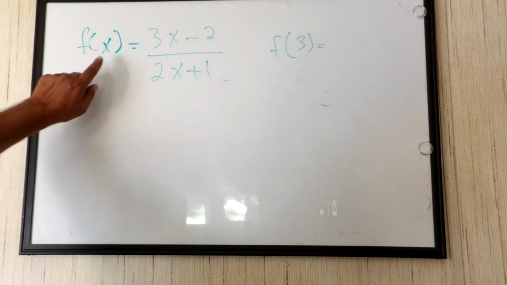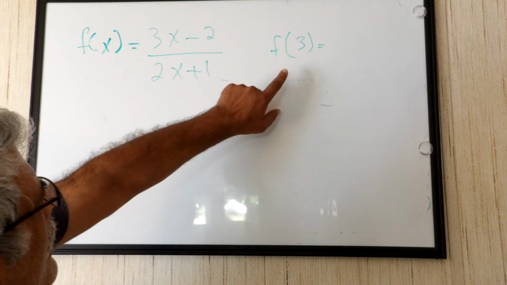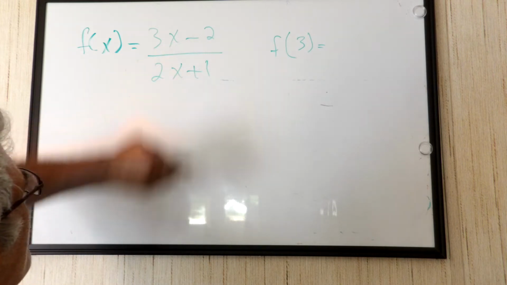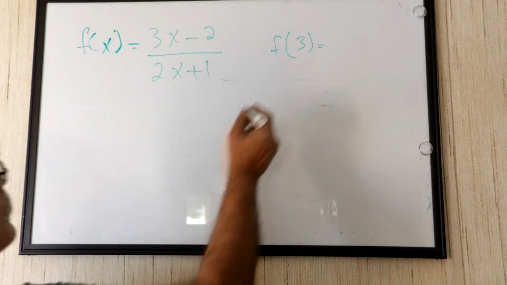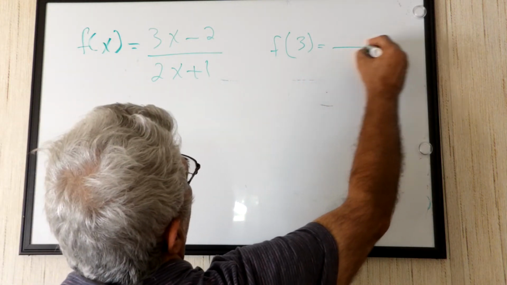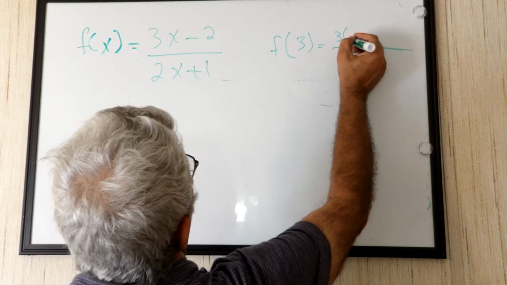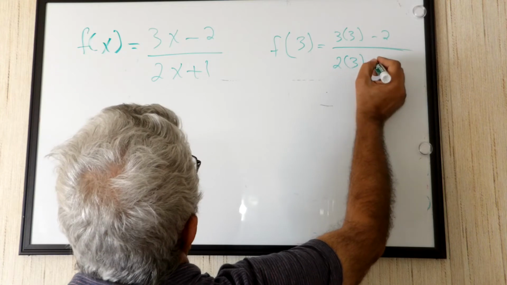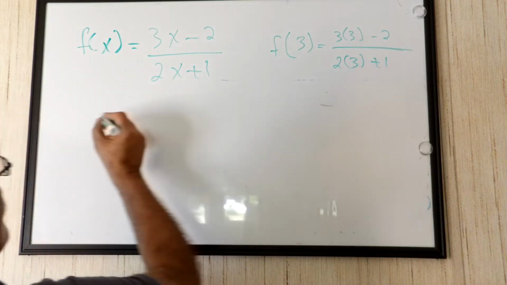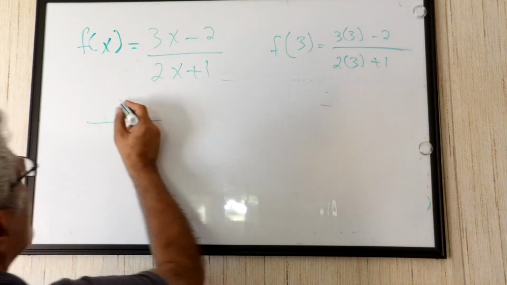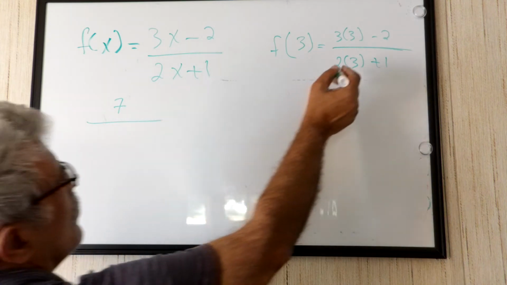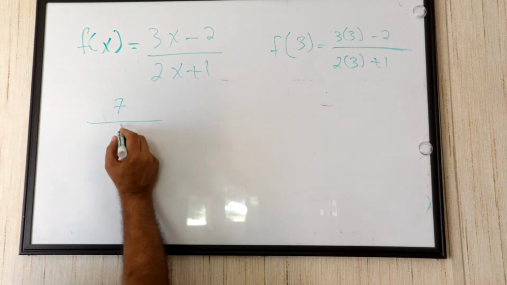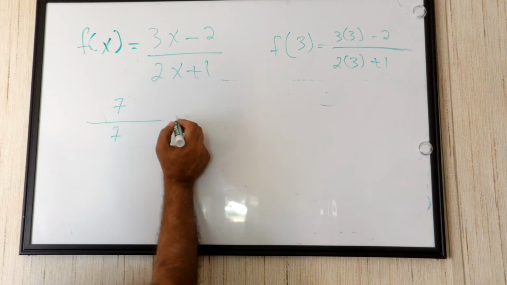Instead of x, you put 3 here, the value of x there. So it's going to be 3 times 3 minus 2, 2 times 3 plus 1. So 9 minus 2 is 7, and 6 plus 1 is 7. It's going to be 1.